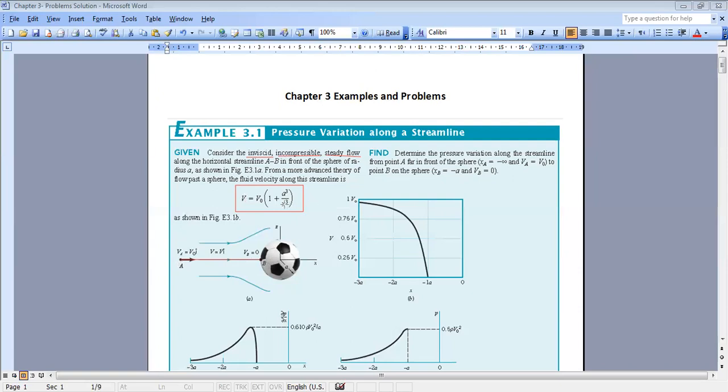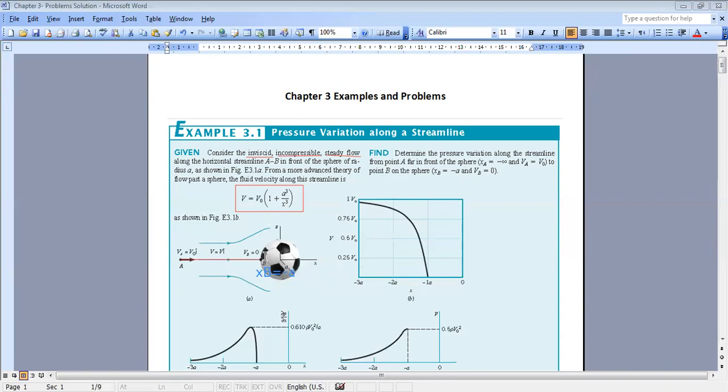If you replace x by minus infinity, this term will drop, and you have only V0 times 1, while at point B, as you can see in the figure, x of B is minus A. So if you replace x of B in this equation, you will get 1 minus 1, which is 0, which corresponds to velocity at B equal to 0.